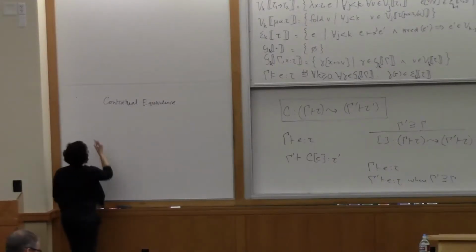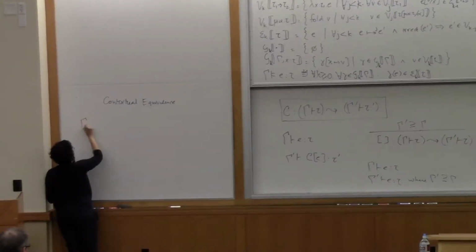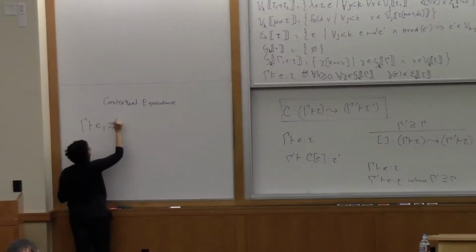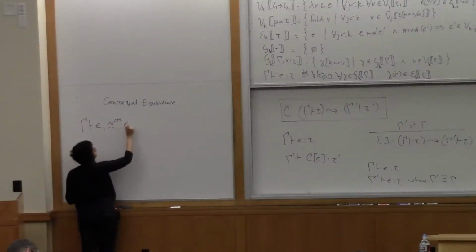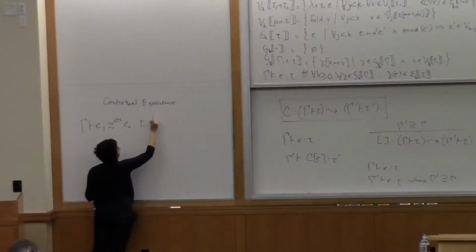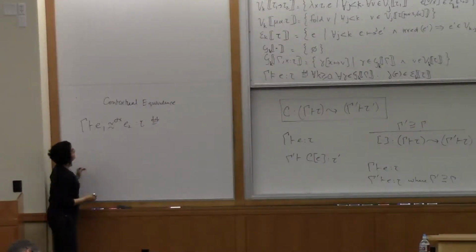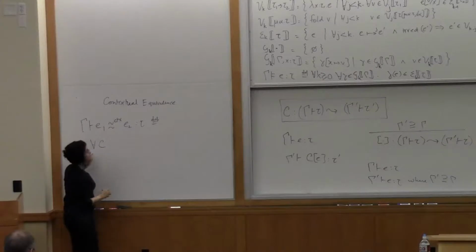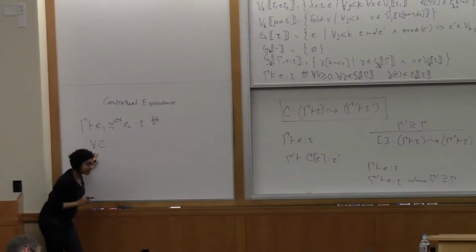Okay, so we say that E1 is contextually equivalent to E2 at the type tau if, given an arbitrary program context C, okay, let's pause for a second.